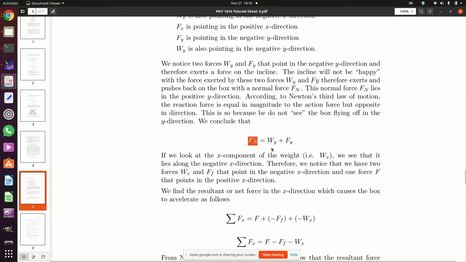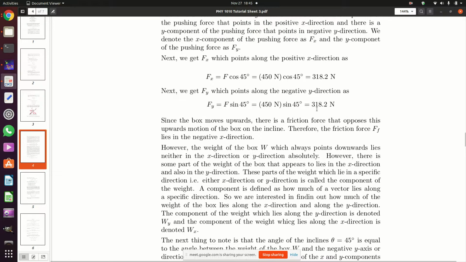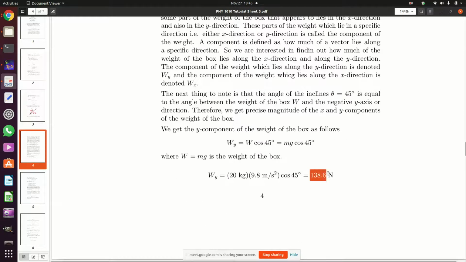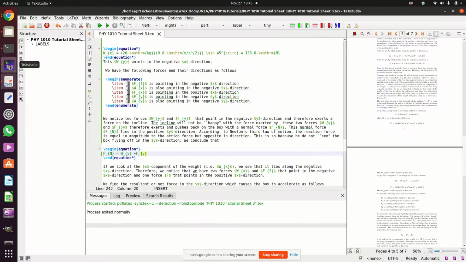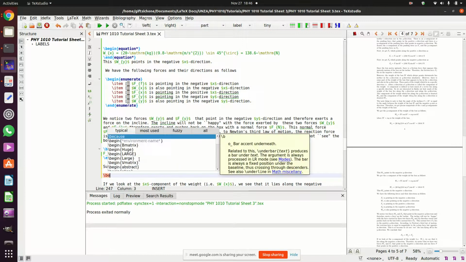Yes. Okay, since we already know Fy, we found Fy to be this. This is our Fy. Then we also have this one. We can find the normal force, substituting. We get the normal force.